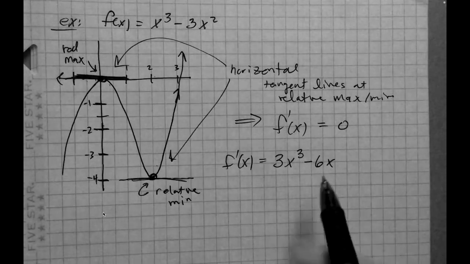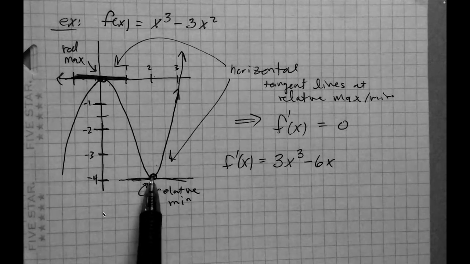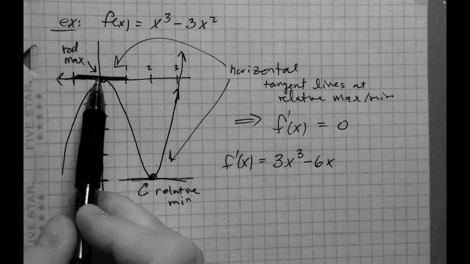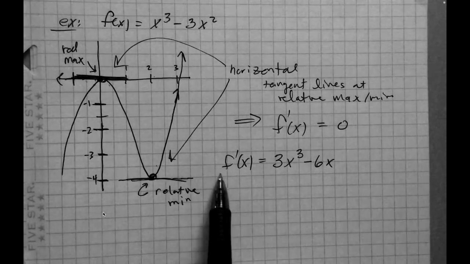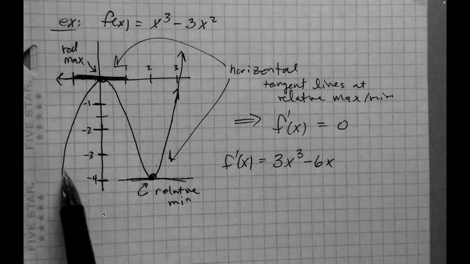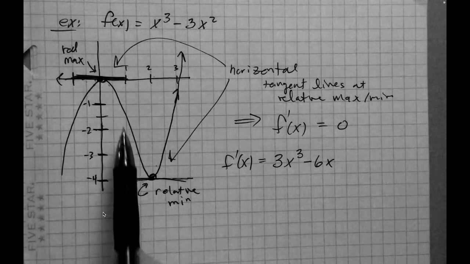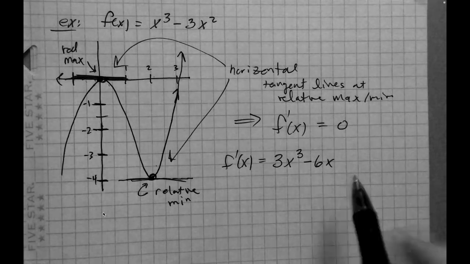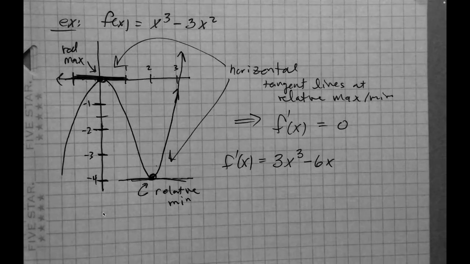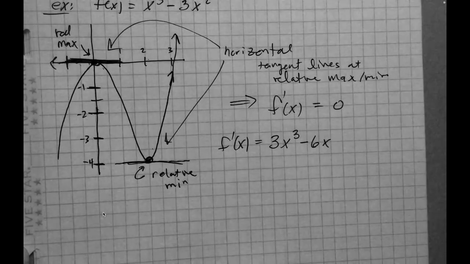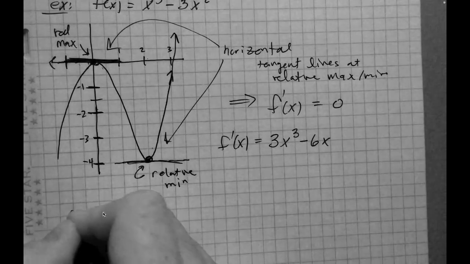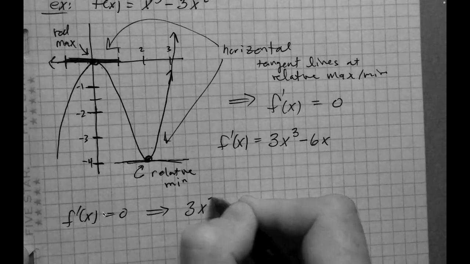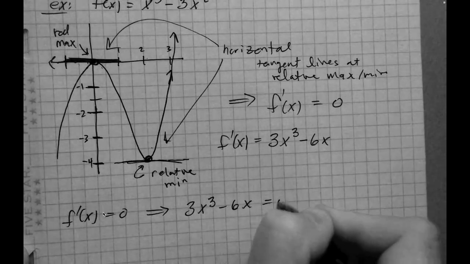Now, if I want to know what x value is at this minimum and what x value is at this maximum, I can try to find where the slope of the tangent line is 0. The way to do that is to set the derivative equal to 0 and solve for the x values. So f prime of x equals 0 implies 3x squared minus 6x equals 0.